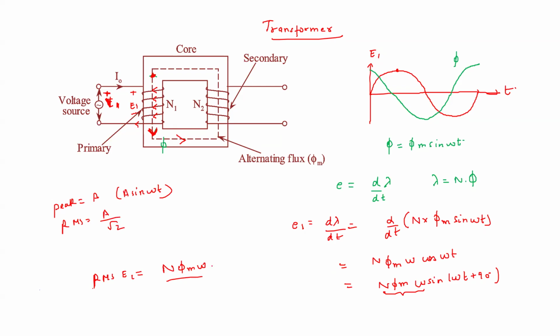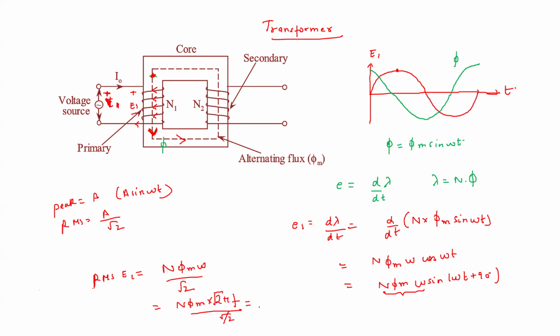So n phi m omega by root 2. You know what omega is? Omega in terms of f is 2 pi f, divided by root 2. So this becomes root 2 pi f phi m n.